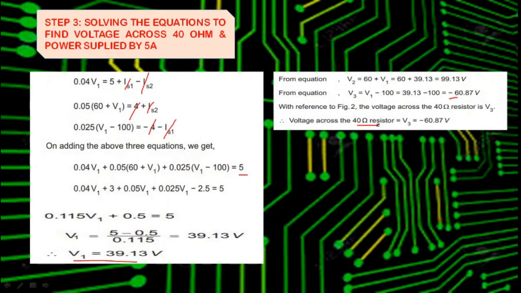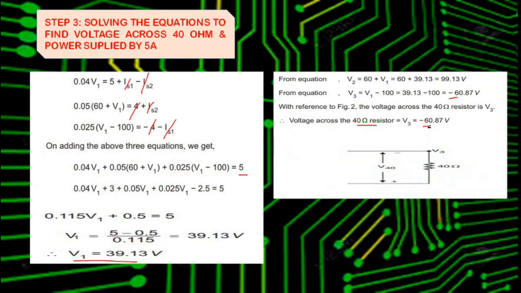Now if you remember, this 40 ohm resistor was connected with node 3. So the voltage across this 40 ohm is going to be V3. But V3 is minus 60.87. So what is the reason why we have a minus voltage here? It is because the direction which we assumed for the flow of current is actually the opposite of what it should have been.